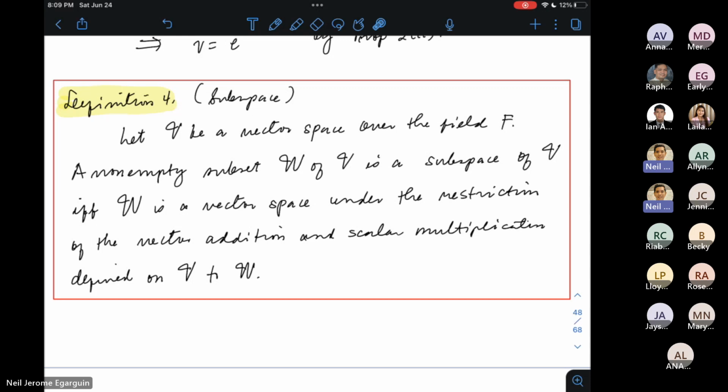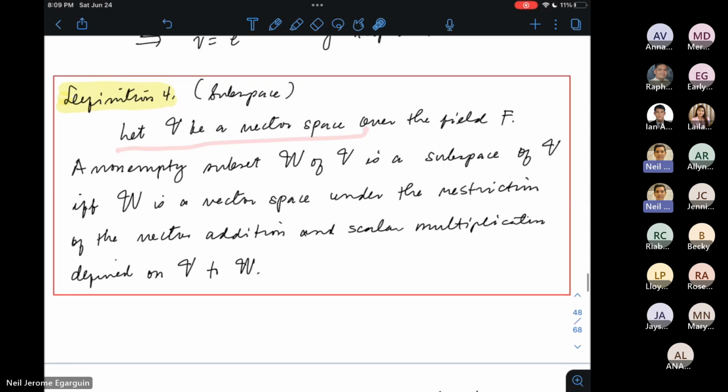All right, so now let's go to the fourth definition. The fourth thing we are defining here would be a subspace. This is very similar dun sa konsepto natin ng subfield. So kung ang subfield ay isang subset ng isang field na field din, ang isang subspace ay isang subset ng isang vector space na vector space din. Right? So formally, you consider a vector space V at sa isang field F. Pag kumuha ka ng non-empty subset W ni V, alright?